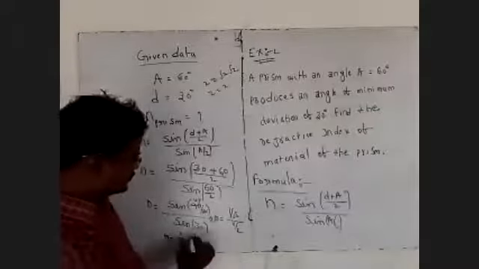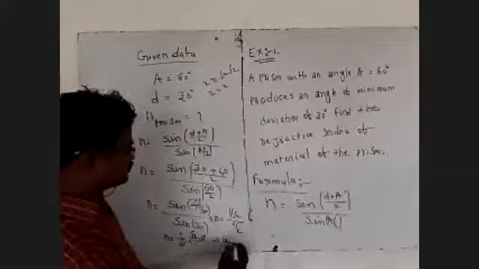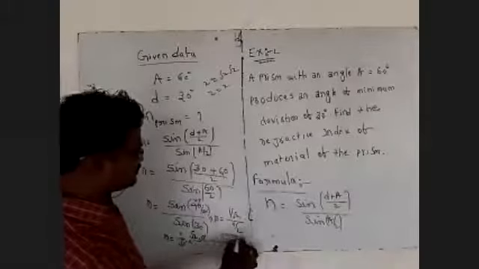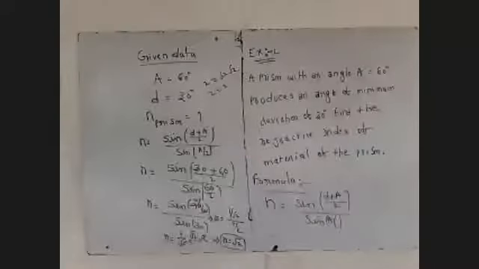Root 2 cancels, so finally n is equal to root 2. This is the refractive index of the prism. That is your answer.